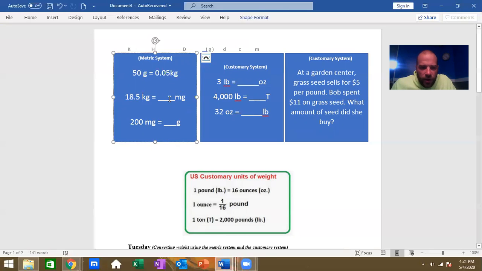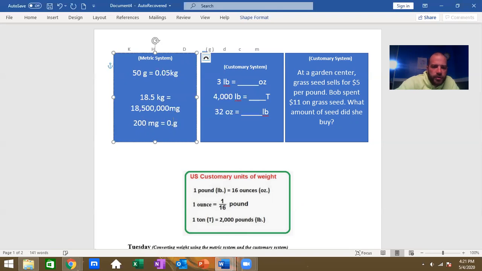So I am going to put 1, 8, 5, 1, 2, 3, 4, 5. I'll put my commas in. A lot of milligrams. So it is 18,500,000 milligrams. And then going from milligrams to grams, left 1, 2, 3. The decimals here, left 1, 2, 3. So if you're converting, it's 0.2 grams.